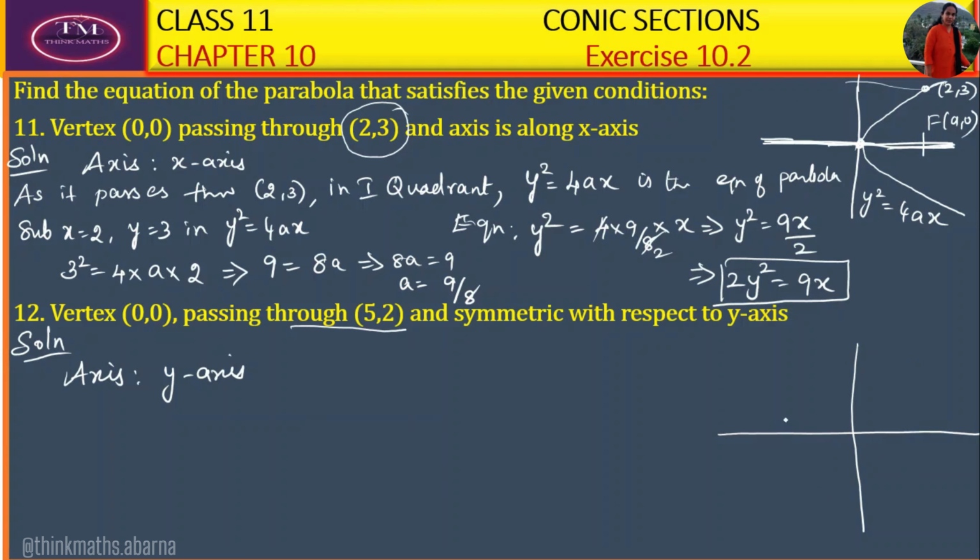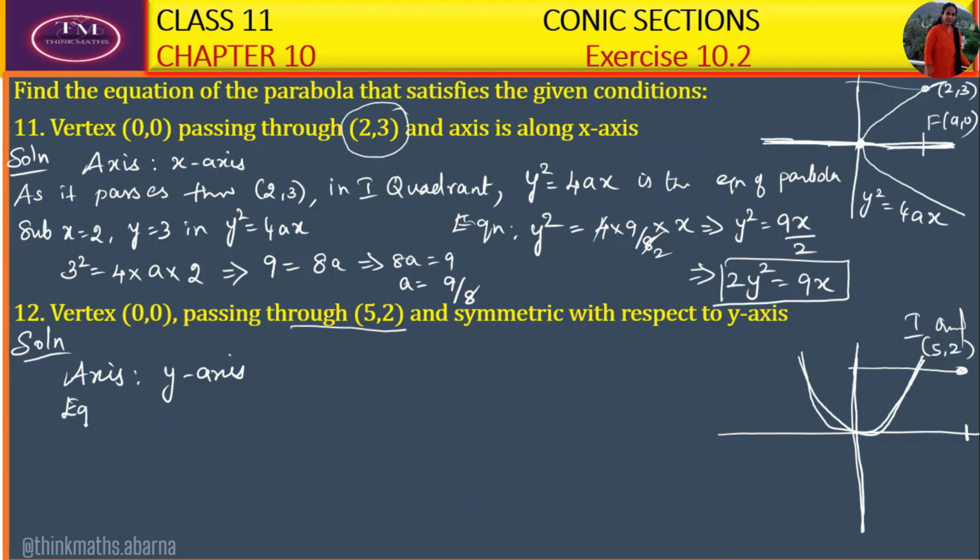So it passes through 5 comma 2. So 5 will be here and 2 will be here. So this is 5 comma 2. It is in first quadrant. So in first quadrant and it is symmetrical about y-axis means it will face this way. Okay, the parabola will face upwards. Clear children?